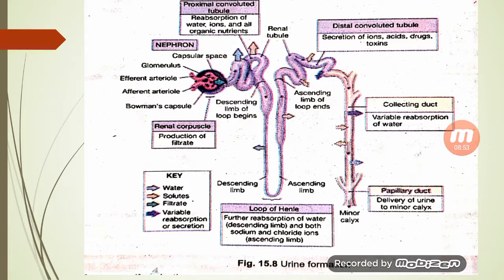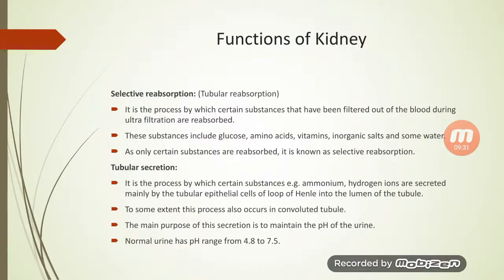Now the ascending limb, on the other hand, is permeable to ions but not water, as a result of which the filtrate loses sodium as it moves up in the limb and becomes more diluted. So when the filtrate reaches the bottom of the limb, it becomes more concentrated, and as it moves up into the limb, it becomes diluted. The reabsorption and secretion in the distal convoluted tubule is under control of various hormones.